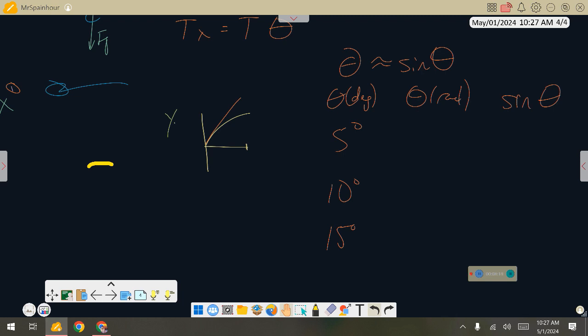This is the first time in this class that you are going to want to have your calculator in radians, because the angle we're plugging in should be in radians. Go ahead and finish this chart in your group, real quick.